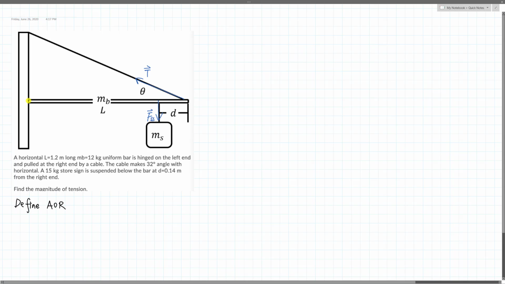There's a hinge. The hinge pulls the bar vertically up and also horizontally pushes to the right. So here's a vertical force from the hinge and also a horizontal force from the hinge. If you wonder why there's a horizontal force, just imagine there's a big hole here in the wall, and which way would the bar go?